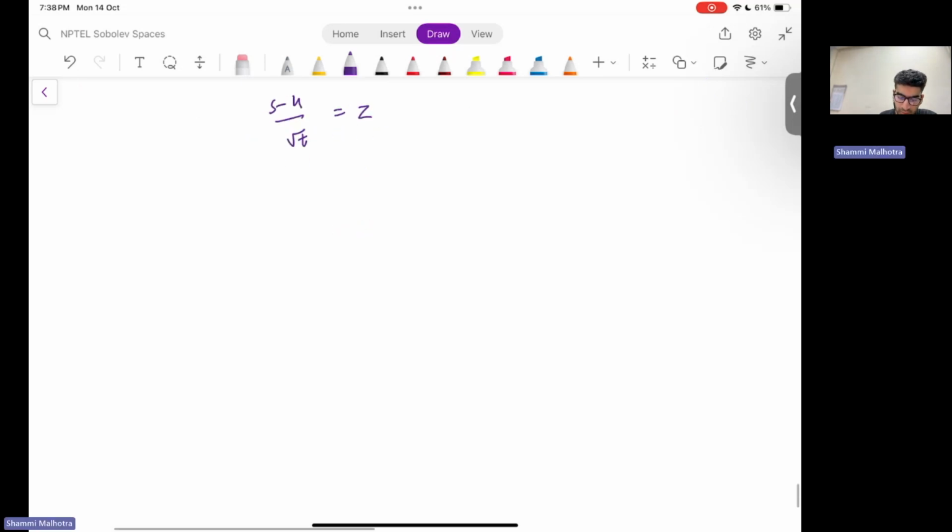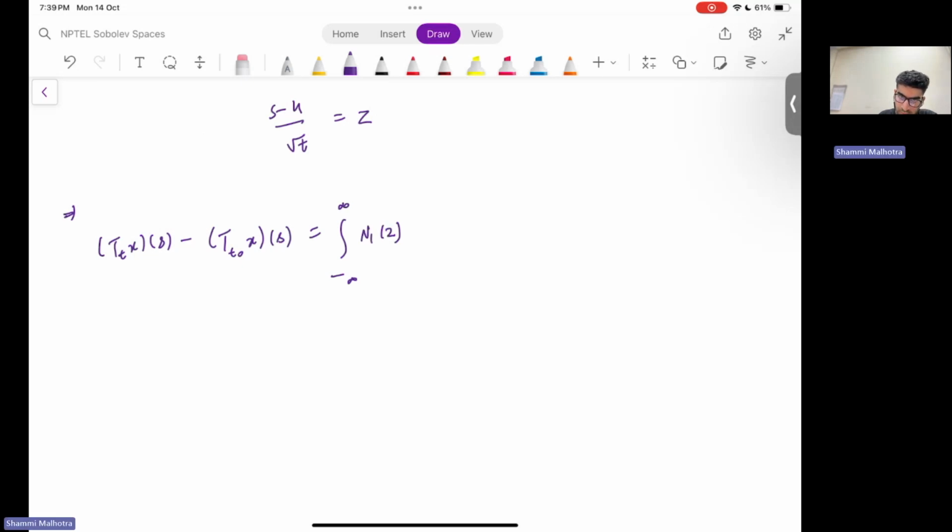And what will this imply? You can check that after this change of variable, T_t x at s minus T_t naught x at s is given by the integral from minus infinity to infinity of n_1(z) times x(s minus root t z) minus x(s minus root t naught z), all times dz.